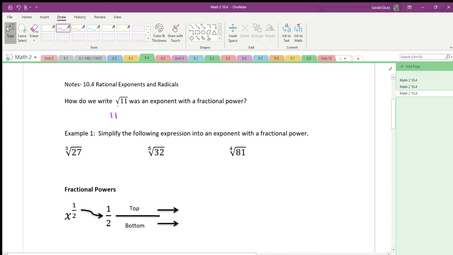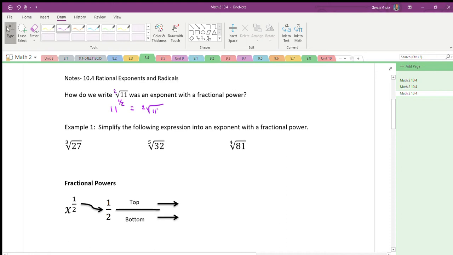So 11 to the 1/2 would be the same as the square root of 11, because remember the top number is the exponent, so 11 to the 1 is just 11, and the bottom, the denominator, is the outside or the root number. If you do not see a number out here, there's always an imaginary 2. So to write the square root of 11 in exponential form, that would be 11 to the 1/2.